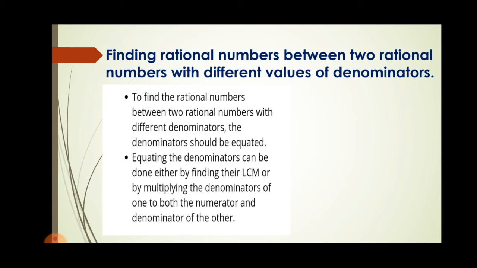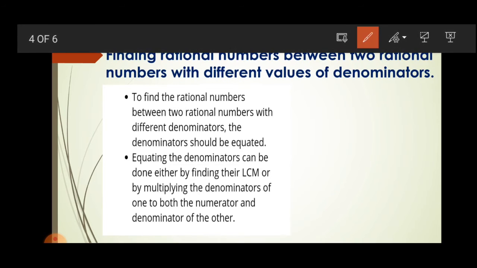Let's do one example. Finding a rational number between 2 by 3 and 3 by 4. The denominator in 2 by 3 is 3 and the denominator of 3 by 4 is 4.